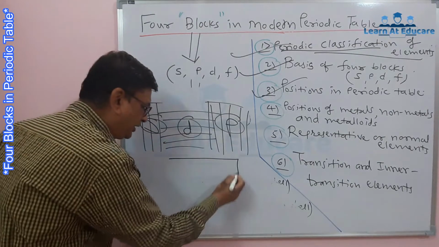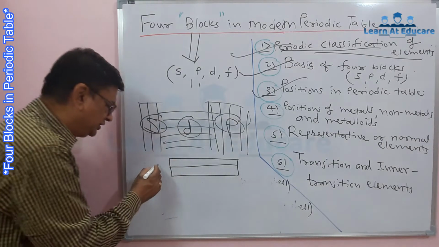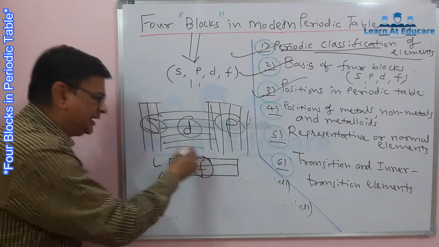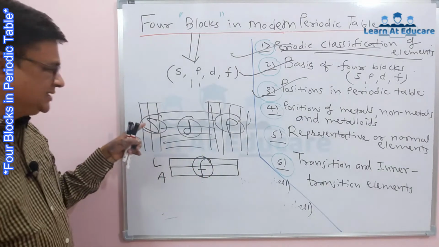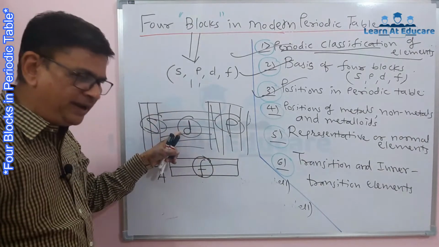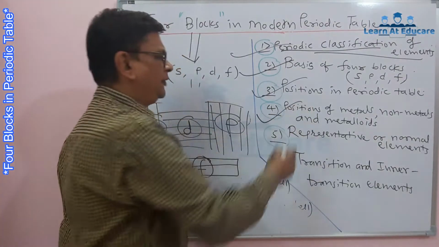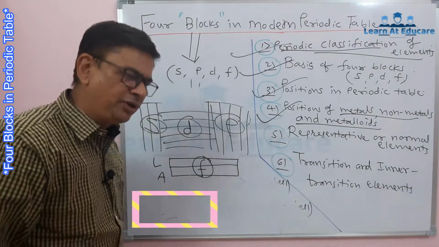And the F block elements are situated in these 2 rows, respectively called lanthanides and actinides, and that's the F block. So perhaps you get clear: S block to the left side, P block to the right side, D block at the middle and F block at the bottom.